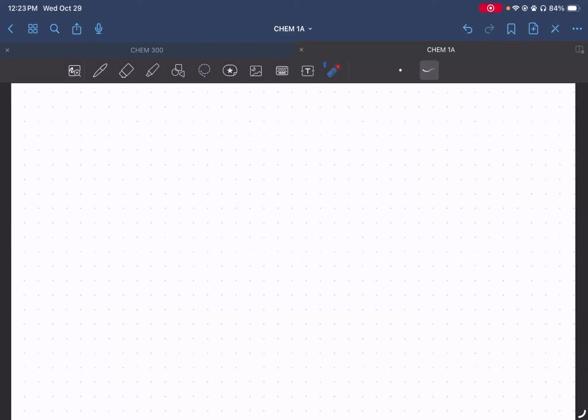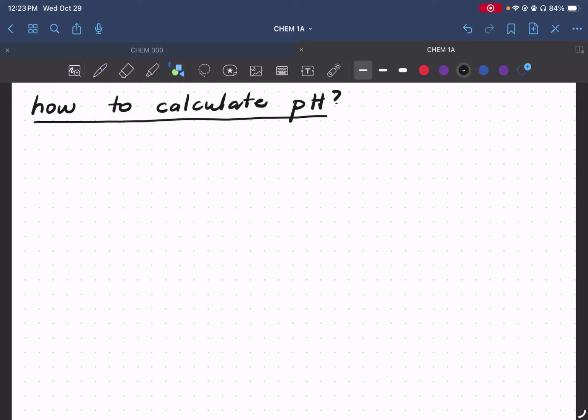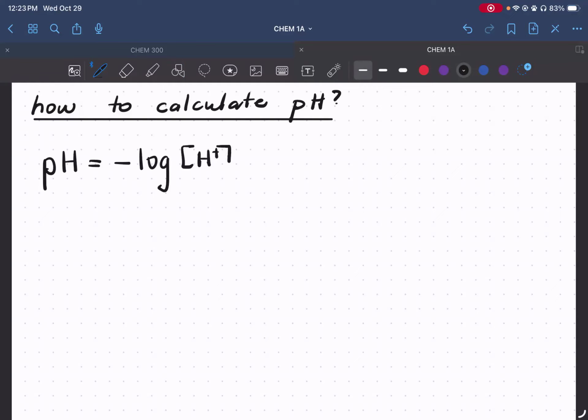How exactly does the pH scale calculate pH? How to calculate pH? Well, first and foremost, the exact mathematical formula is pH is equal to negative log of the H plus concentration.